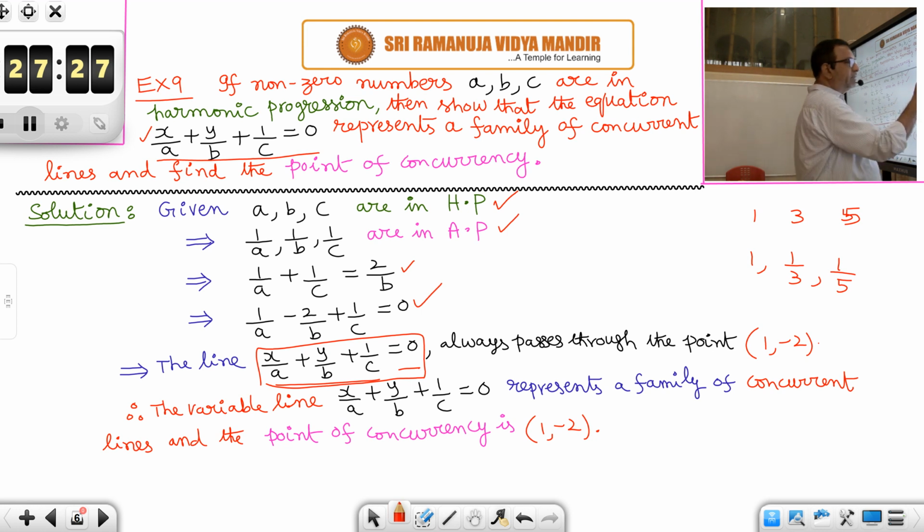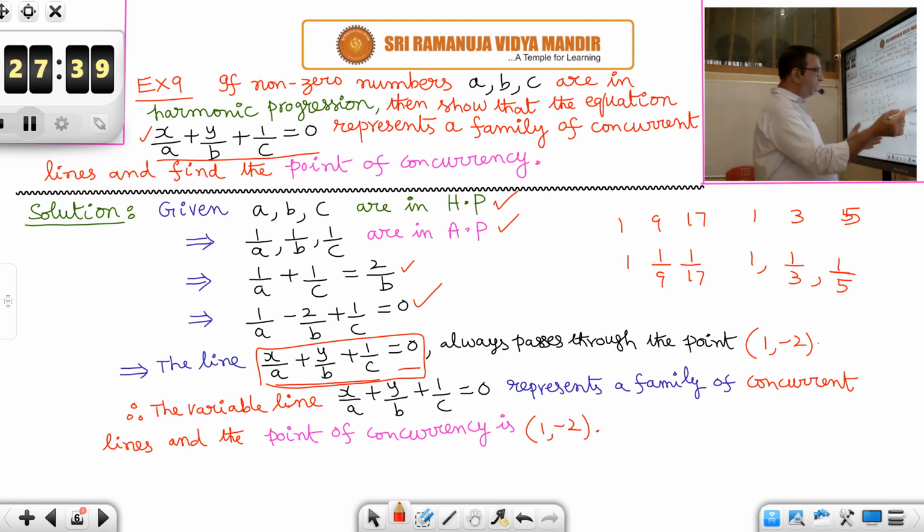Then you take some other numbers: 1, 9, 17, common difference 8. Then what are the reciprocals? 1, 1 by 9, 1 by 17. Now give these values to A, B, C, they are in HP only. You will get another line. So this equation is not the equation of a single line, but of several lines.